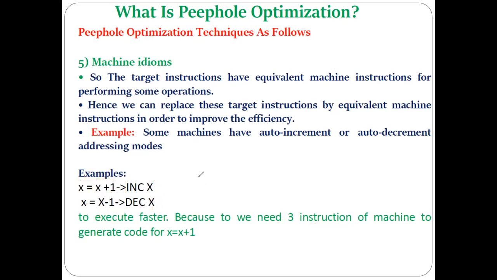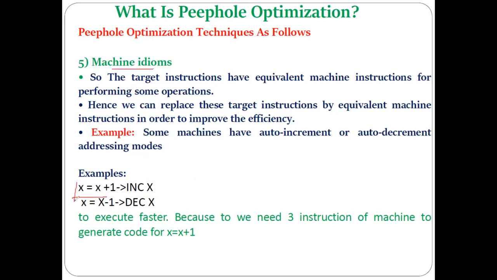Here we try to choose a particular machine instruction which requires less space and less memory, or which is faster than the other machine instruction.